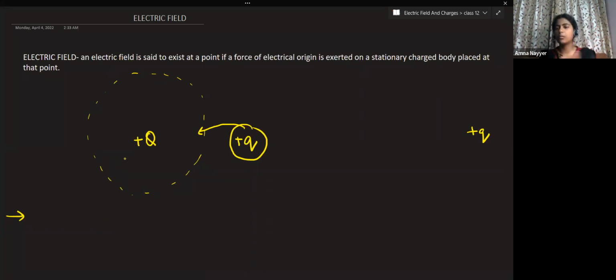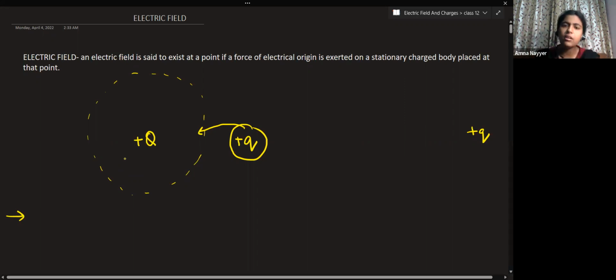As you move away from this point, electrical activities get reduced because, as you rightly said, of the inverse square proportionality rule. So this space around any charge where you are able to feel any electrical force or electrical properties, that region is said to be the electric field, the field around any charge where these electrical phenomena can be felt.